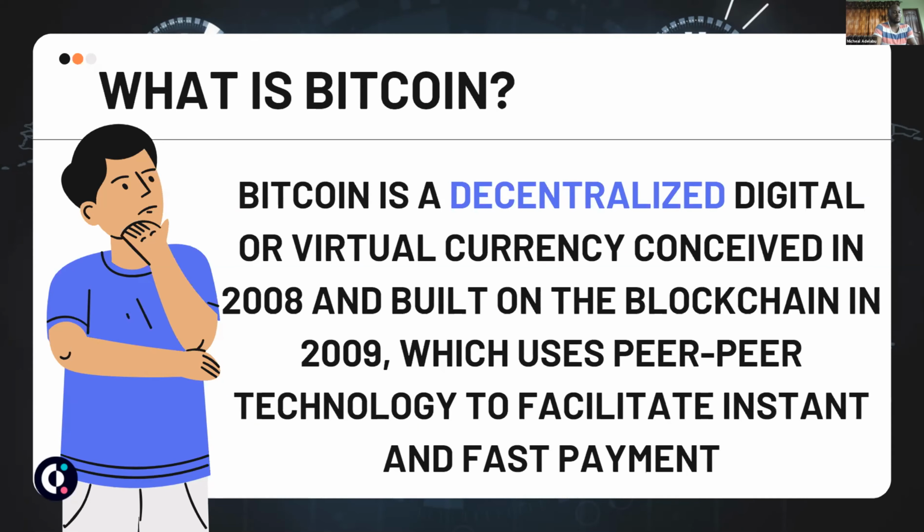Everybody has been hearing about Bitcoin here and there. So this is Bitcoin. It's just a currency on the first blockchain, which was conceived in 2008 and came to being in 2009.